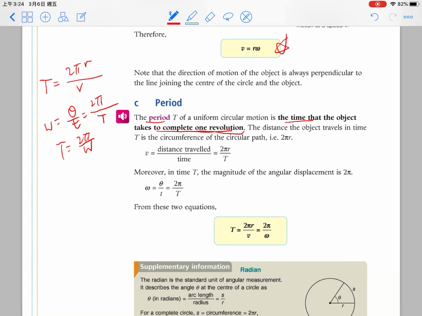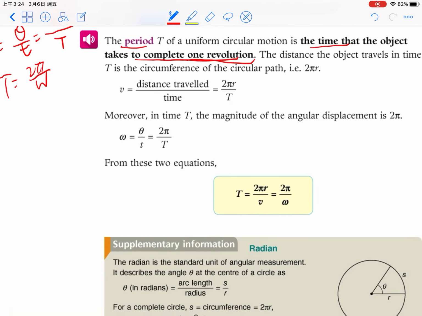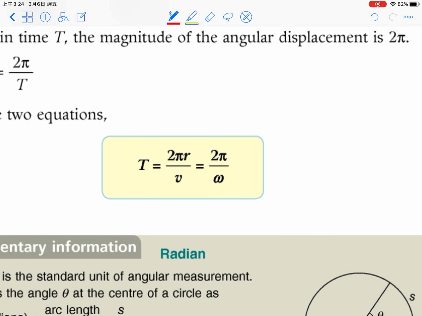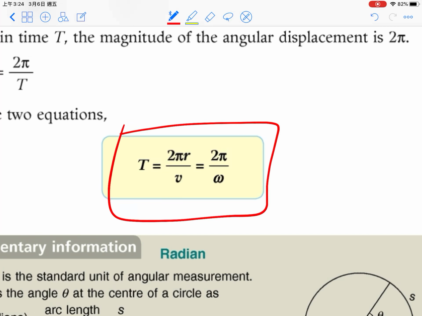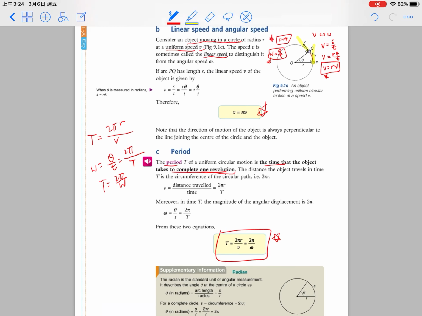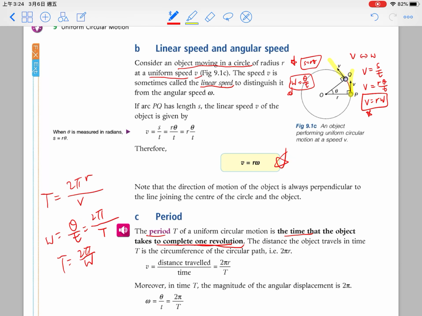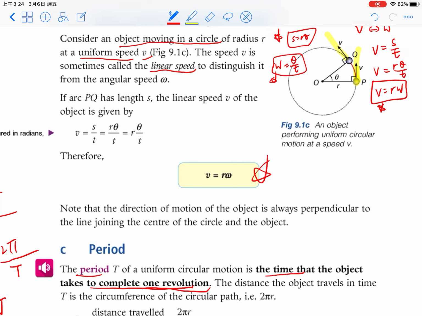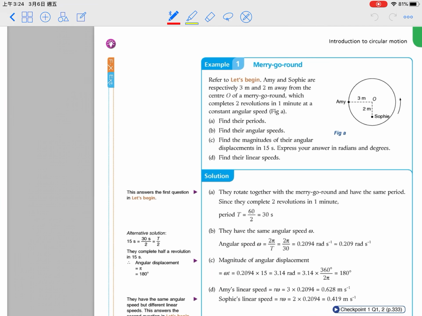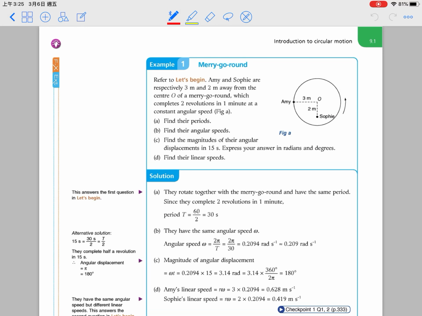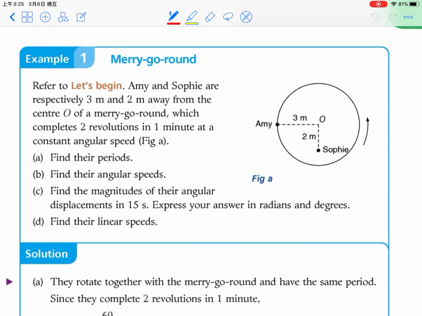So combining these two findings, we have T equal to 2 pi r over v and equal to 2 pi over omega. Okay, you see many equations you have to memorize. So please practice by yourself and get more familiar with them. Okay, now let's go to some practice.